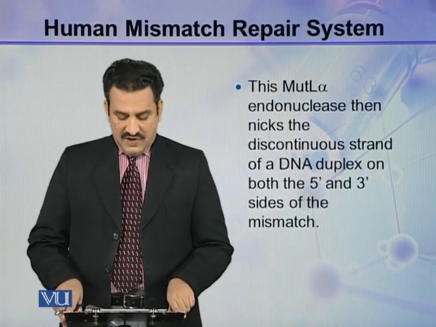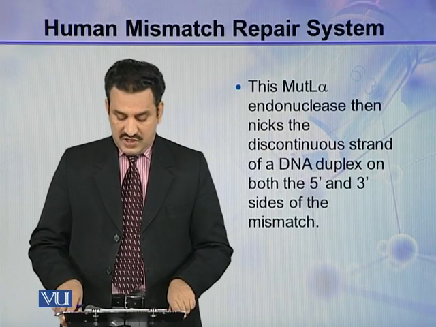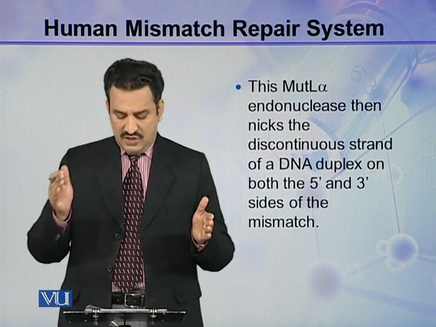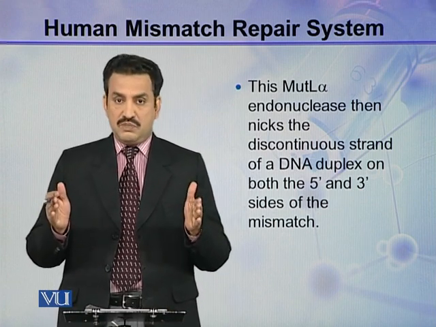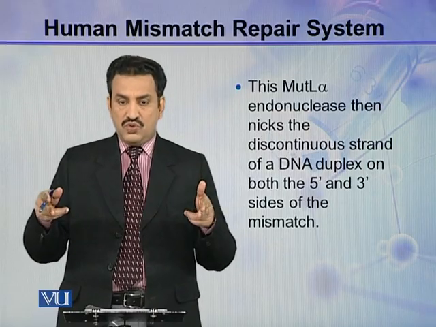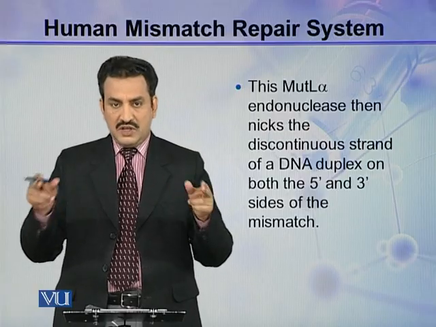This MutL alpha endonuclease then nicks the discontinuous strand of the DNA duplex on both the 5' side and 3' sides of the mismatch. So once it is activated, it introduces two nicks on both sides, that is 5' and 3' of the mismatch.